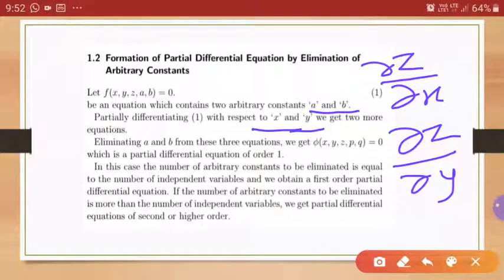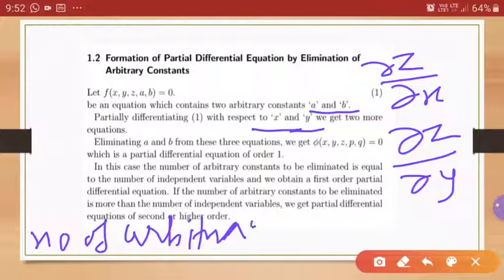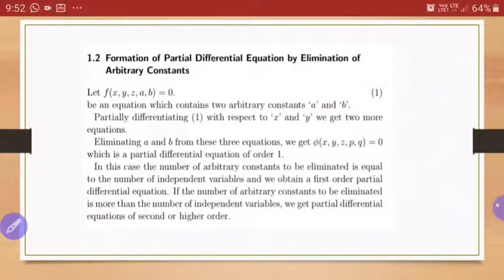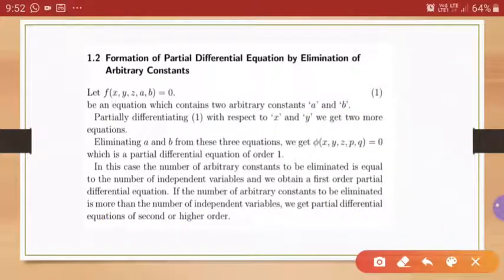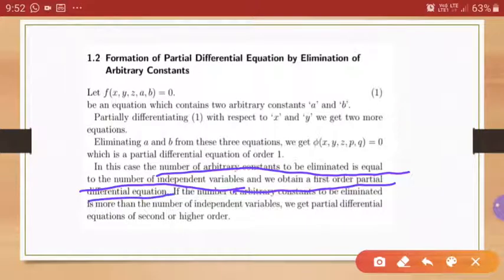Here one thing to note: if the number of arbitrary constants to be eliminated is equal to the number of independent variables, then we obtain a first order partial differential equation.